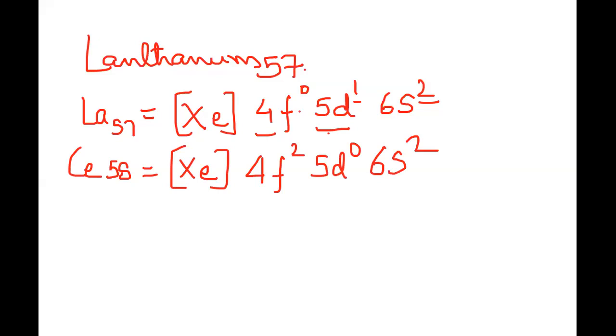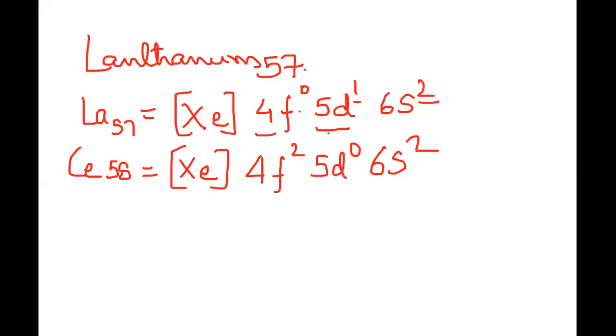Why should this happen? Because the minute the 5d gets one electron, it gets excited, its energy level increases, and now the 4f, which is at a comparatively lower energy level, starts to fill up. So the 4f starts to get electrons and the 5d remains 0. 6s2 remains untouched.